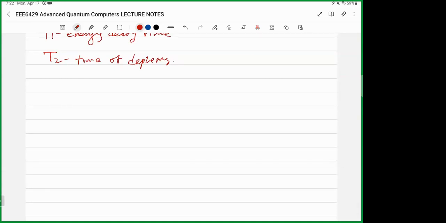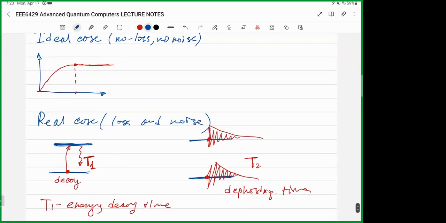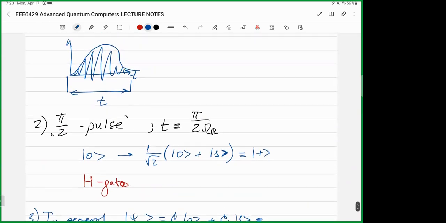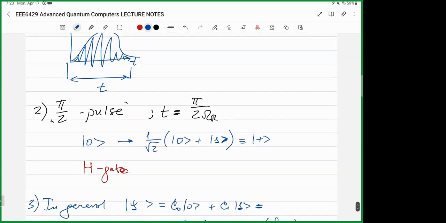So and also at this point, people also discuss this gate time. So the gate time is a characteristic time that a qubit needs to do the operations. For example, for this case that we just discussed, this pi over 2 pulse that enables this Hadamard gate, right?